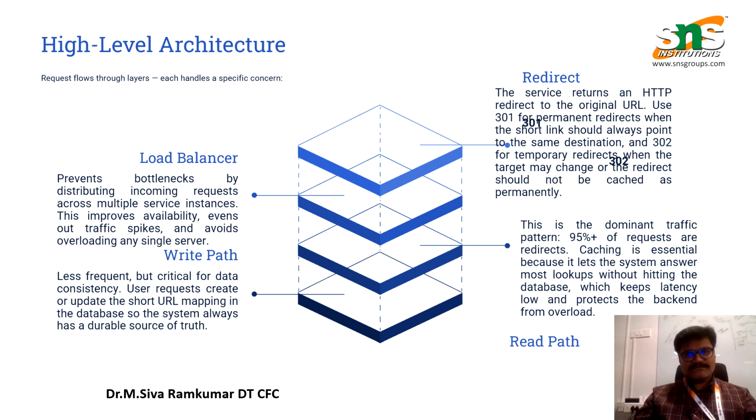If the data exists in cache, the original URL is returned immediately. Otherwise, the database is queried and the cache is updated. And the user is redirected using the HTTP status code 301 or 302. This cache-first architecture significantly improves the performance while reducing the database load.